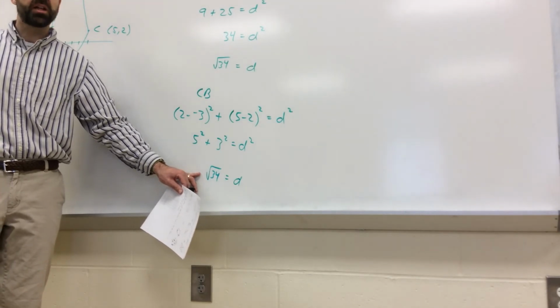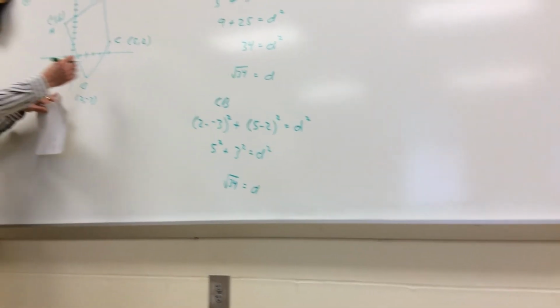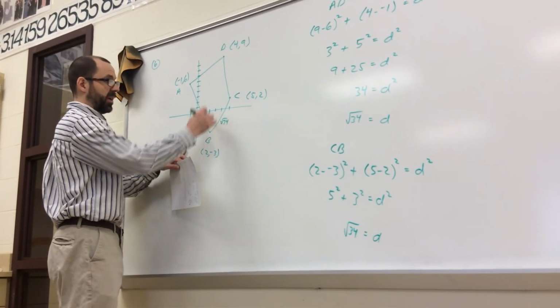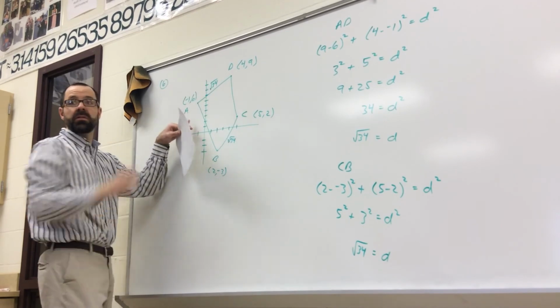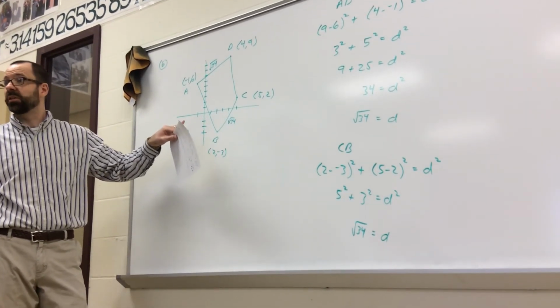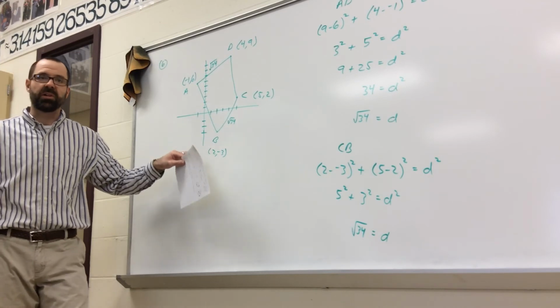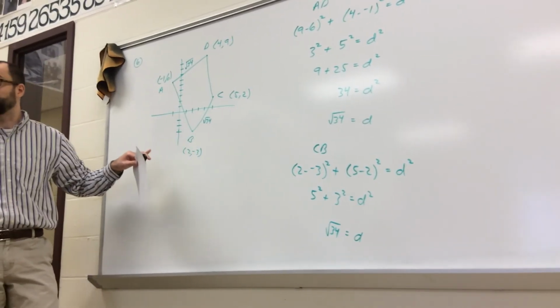Because if it's going to be a parallelogram, the opposite sides have to be congruent. So now we have this as the square root of 34, about 5.7 centimeters. This is the square root of 34. So far things are looking pretty good, if you want it to be a parallelogram. I mean, I don't know what you're rooting for here, but probably not rooting for anything.